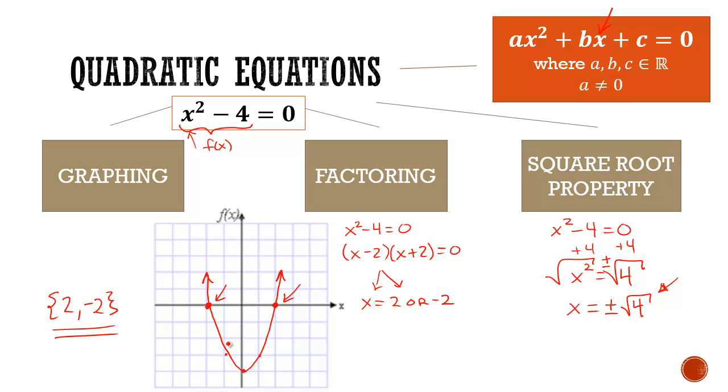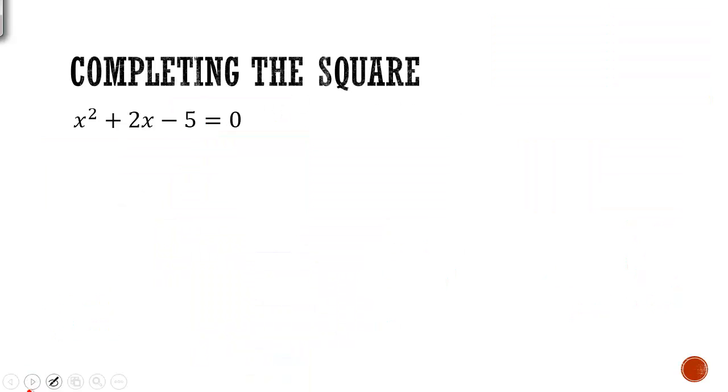Well, we can use some of these ideas and continue. So if we can't factor, and if we can't make use of the square root property directly, we can actually do something called completing the square, which forces your equation to use the square root property. So let's take a look at this example here.